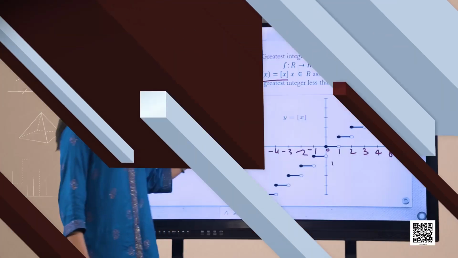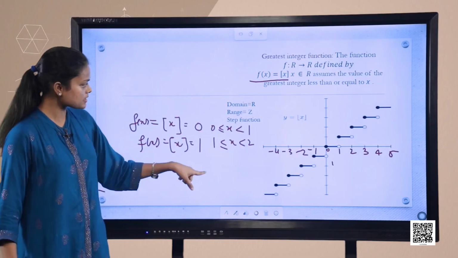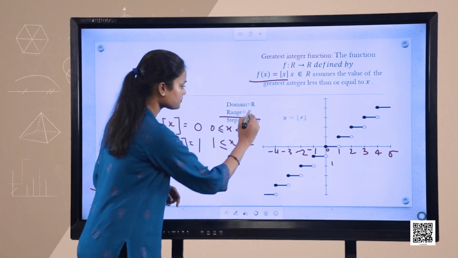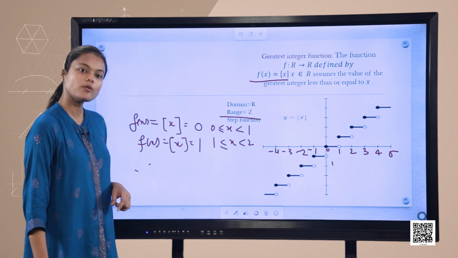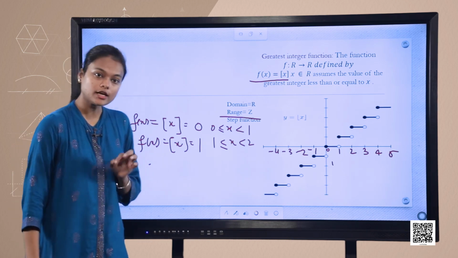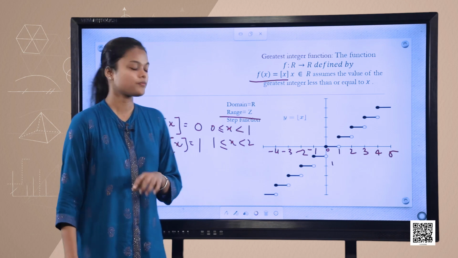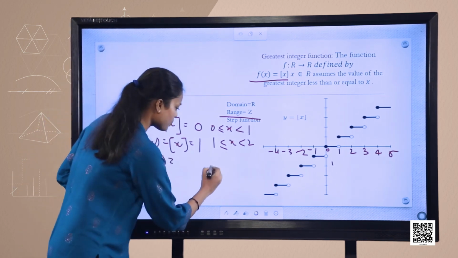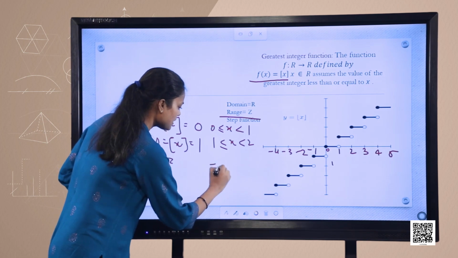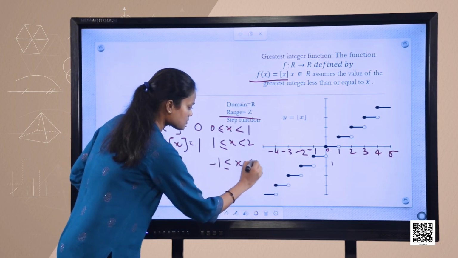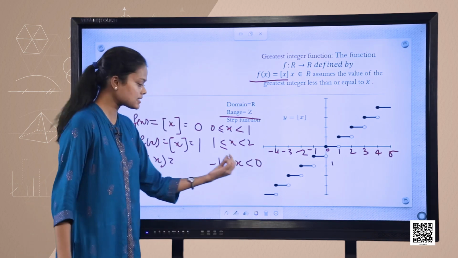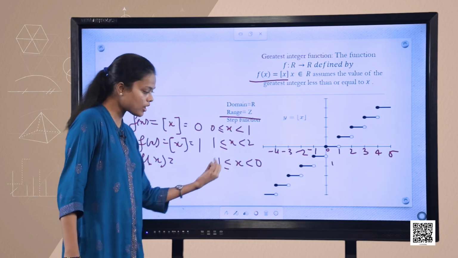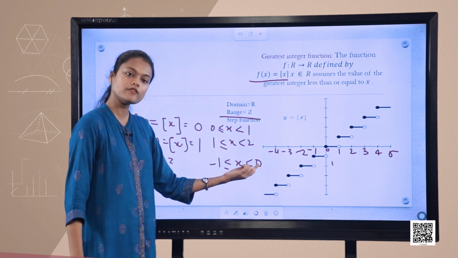First of all, you may notice in this that the range is coming out to be what? Each and every integer value. Let us take one more interval, say this one. Whenever my x is coming from the interval -1 to 0, what will be the value of the function?